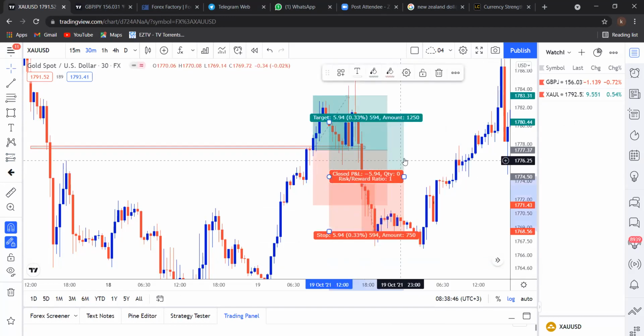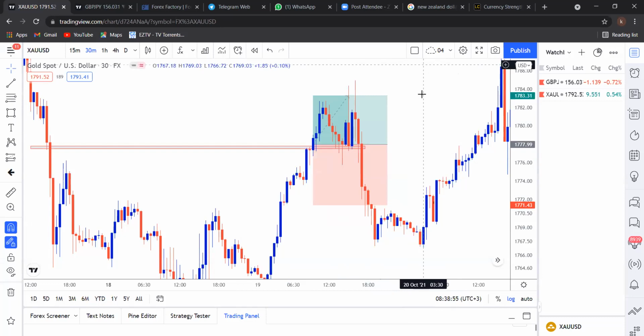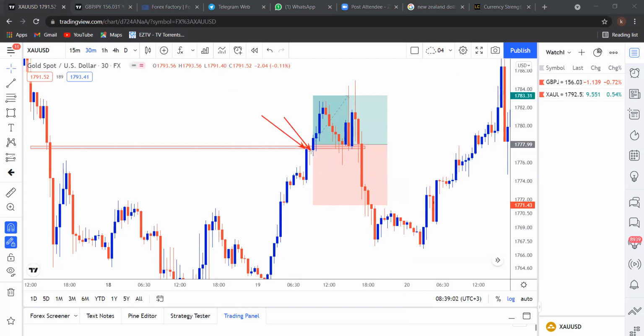Unaona entry yangu ilikuwa wapi? Time price ili confirm ime break this high and this one.